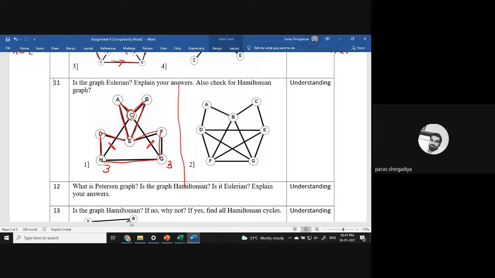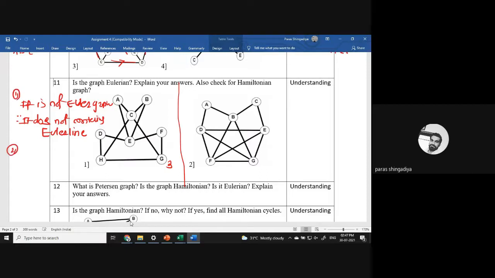So it is not possible to manage such a closed walk which covers every edge exactly once. Okay. So the conclusion here is that this graph is not a Euler graph, because it does not contain an Euler line. ठीक है, such a closed walk is known as an Euler line. That is for the first one.